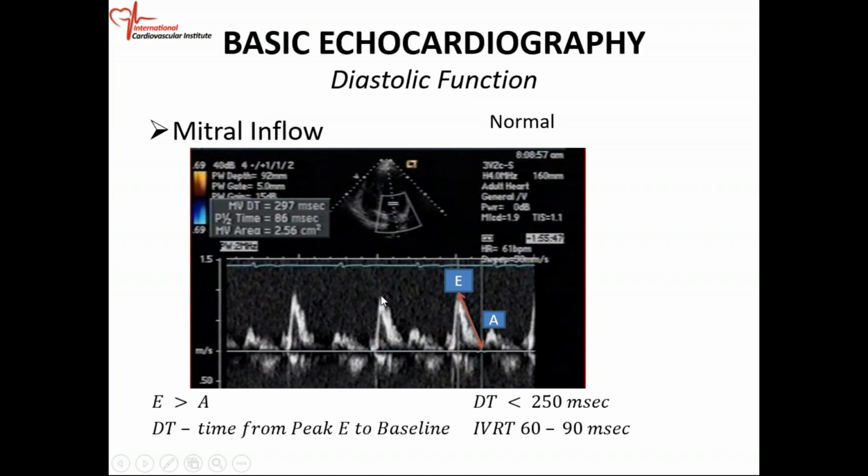All right, so E velocity, A velocity, E velocity, A velocity. You see, there's no prominent diastasis, okay? But you can see your LVOT flow is about right there.